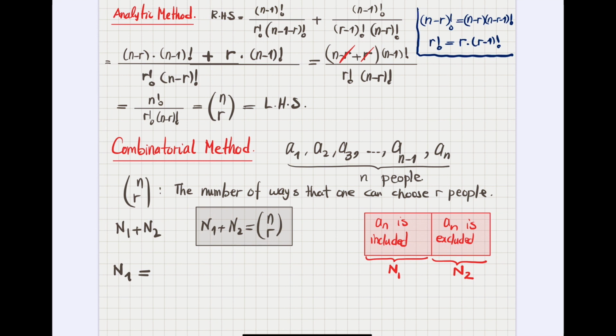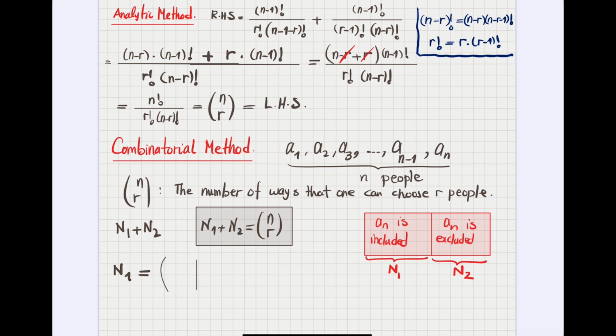In N1, you are calculating r combinations, but you want to have a_n. This is a have to. So in principle, you have r choices, but if you want to have a_n included, how many choices are left for you? Come on, say something. r minus 1.